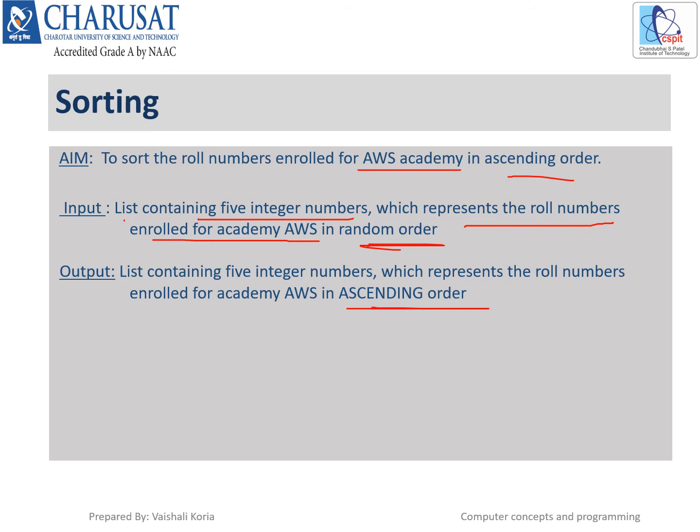Obviously we do not need to store only one number. We require the roll numbers of all the students who have registered for the AWS Academy. So for that we require a list, and when a list is required, we use the array concept. We'll see step by step how this application can be implemented.